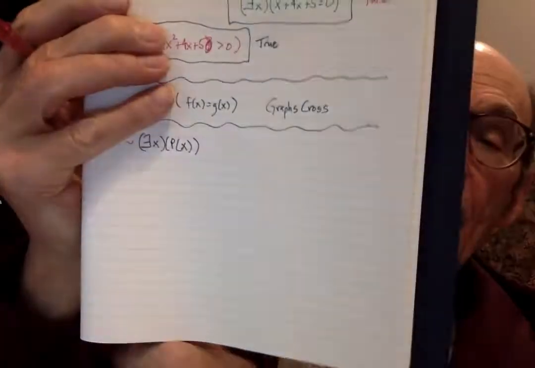That's a little bit awkward, but that's the way we have to say it. I'm not going to try to do this symbolically. I'm just going to say that this means that for every x, the negation of p is true. So that is not p of x.